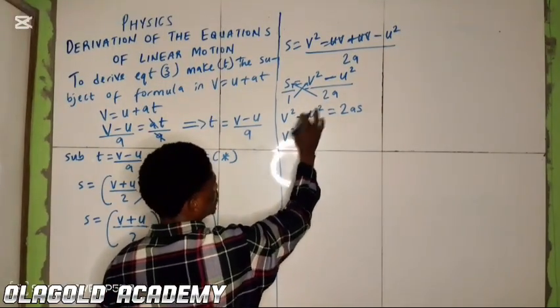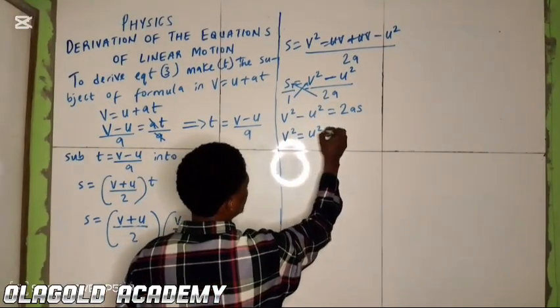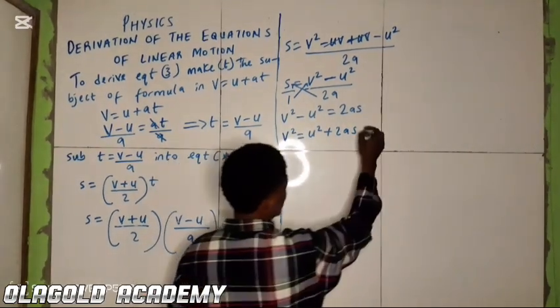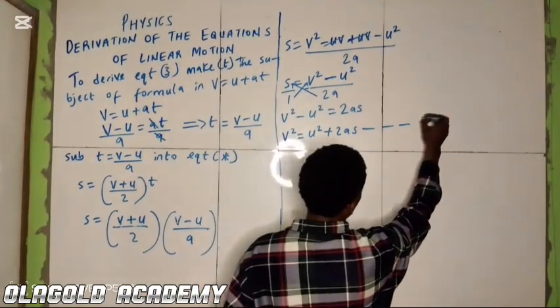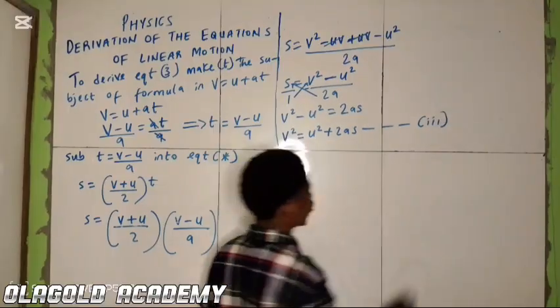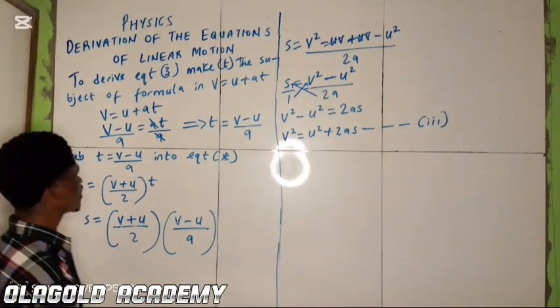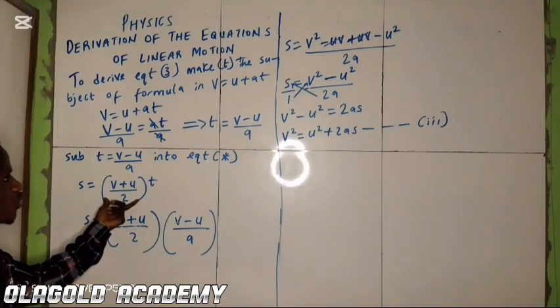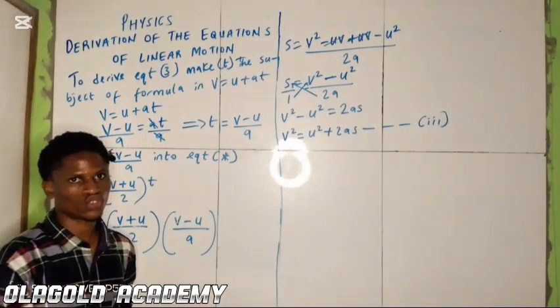When this negative crosses this side it becomes positive, so we have U squared plus 2AS. So this gives us our third equation for linear motion. And this equation asterisk becomes our fourth equation of motion.